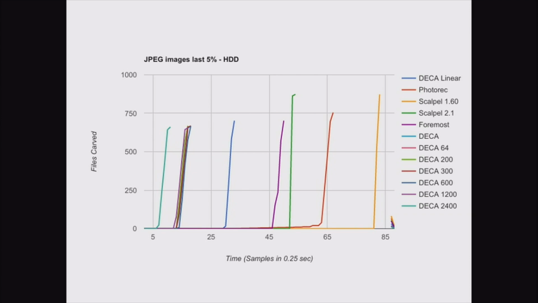The last three are Scalpel 2.1, Photorec, and Scalpel 1.6. And the preceding ones, foremost is the pink one, and then everything on the left, is our Deca Carver with different step lengths, with different values of L: L64 to 200, 300, and so on.